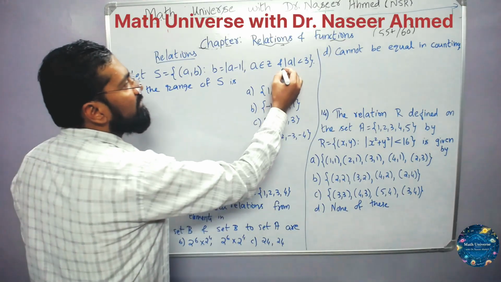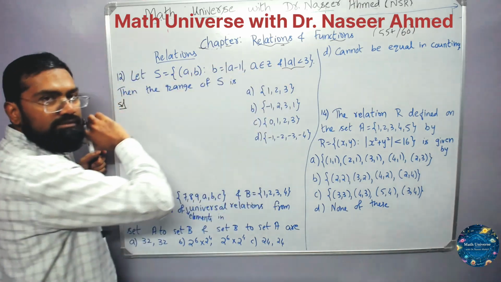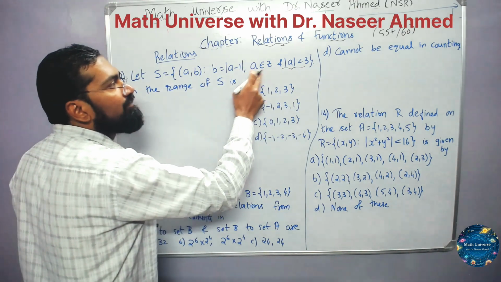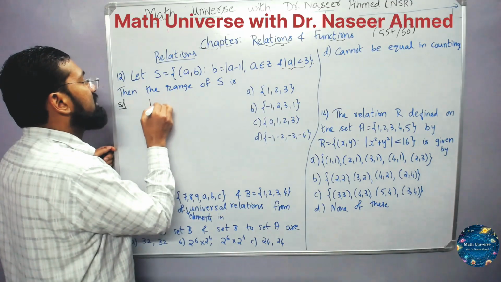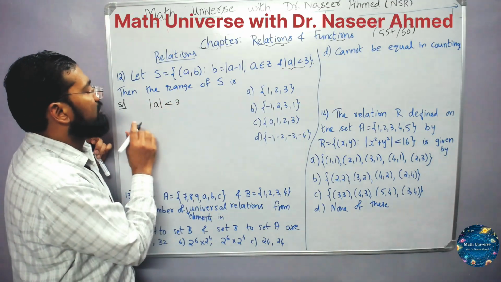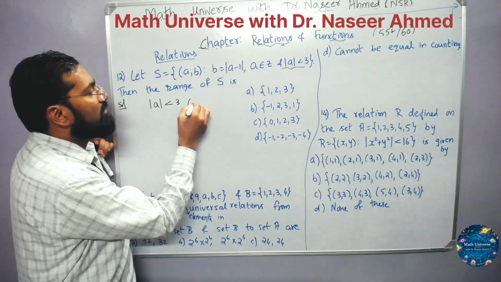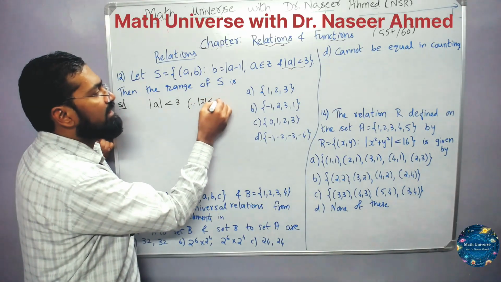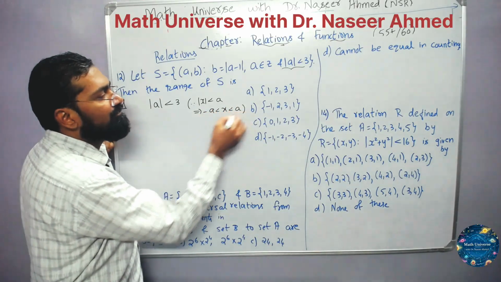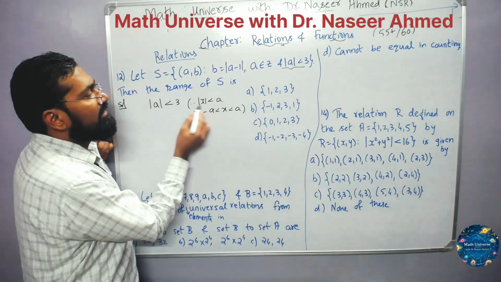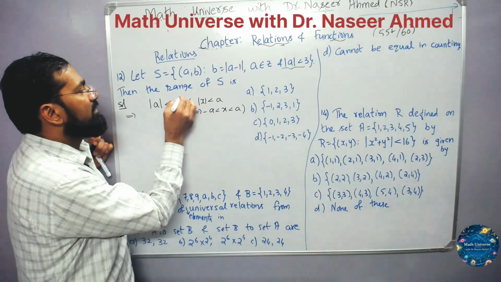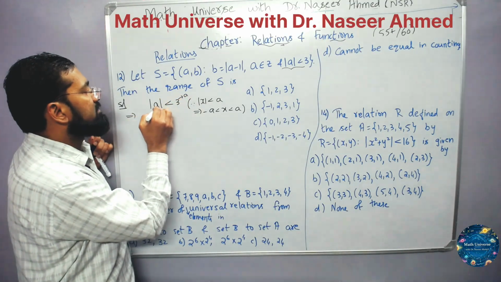Now here, first we have to try to break this, that is, find which elements A can take. We know that if mod of x is less than a, this means minus a is less than x less than a. So in place of a we have 3, in place of x we have A. So substitute here.